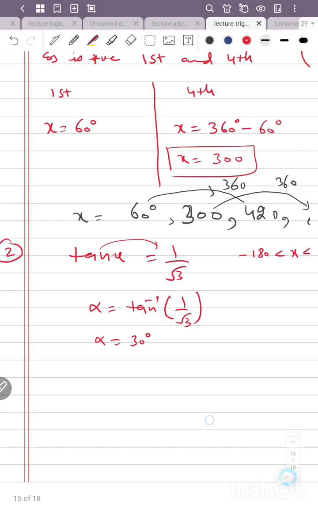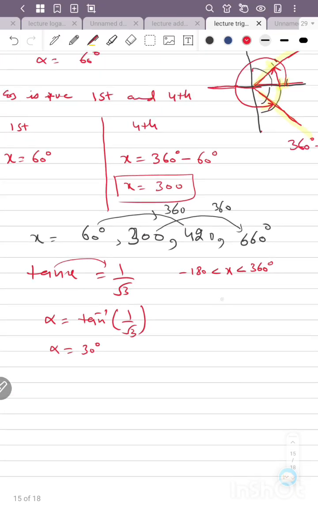Okay, now we know in which quadrants tan is positive and in which it is negative. We know that tan is positive in the first quadrant and the third quadrant. This is simply theta equal to alpha, and here we write theta equal to 180 plus alpha.